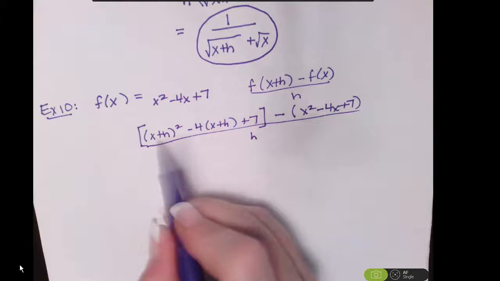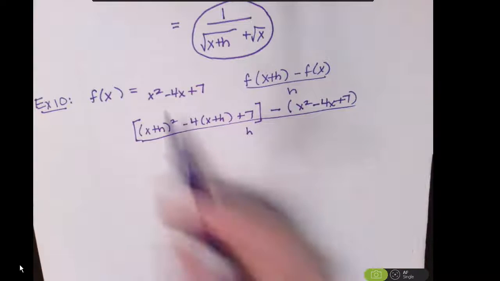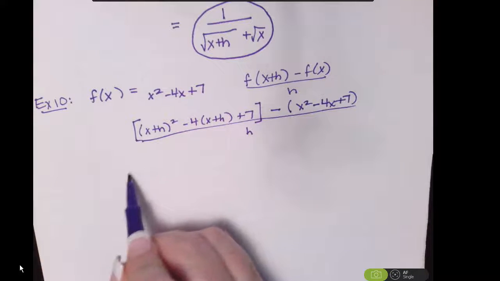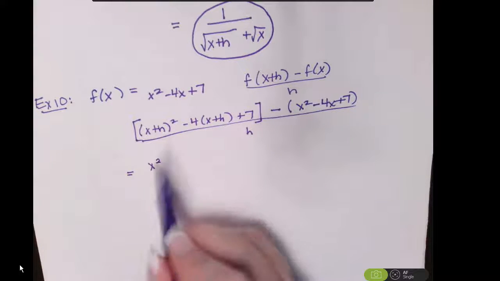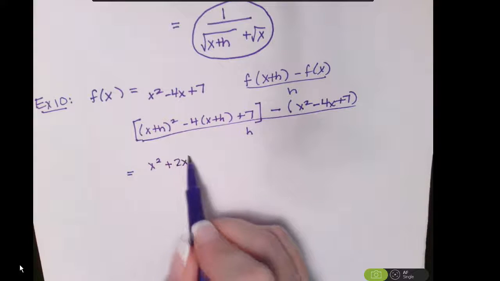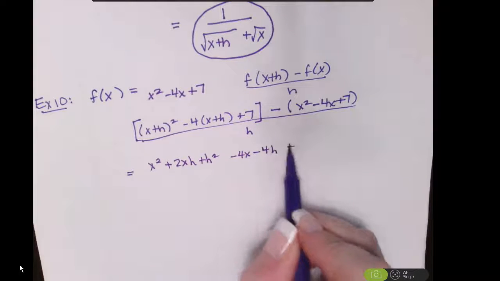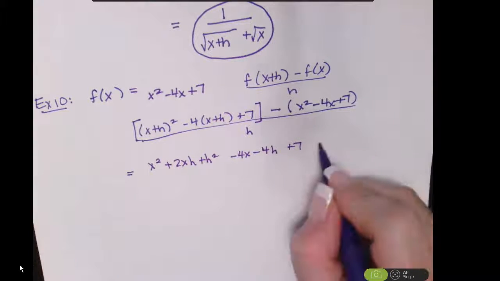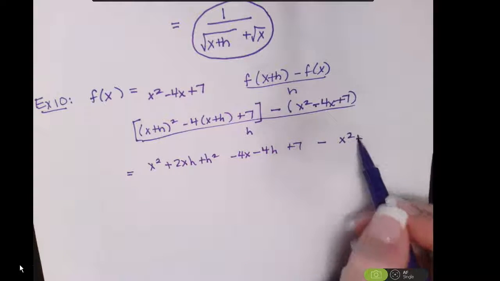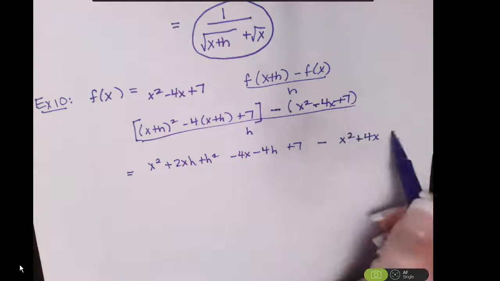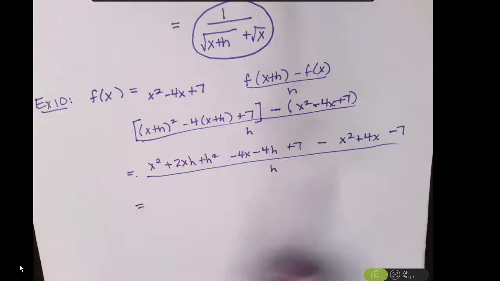So now I am going through and foiling and distributing, and in general using algebra and simplifying. So here we've got x plus h squared, that's a perfect square trinomial. So x squared plus 2xh plus h squared minus 4x minus 4h plus 7. And then all of that minus x squared, minus times minus 4x is plus 4x, minus 7. And all of that is over h, and now I'm ready to combine like terms.